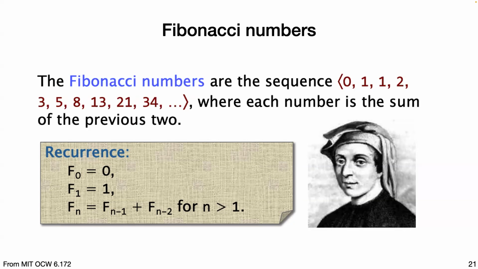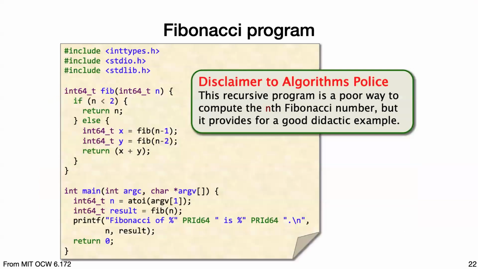So that's how you compute that, and you can express it with this recurrence relation. And you can directly implement this recurrence relation in serial C, just straightforward C. You have this fib function, and it takes in a parameter n. If you're in the base case and n is less than 2, you return it. Otherwise, you call fib of n minus 1 and fib of n minus 2, and then you sum them up to get your answer.